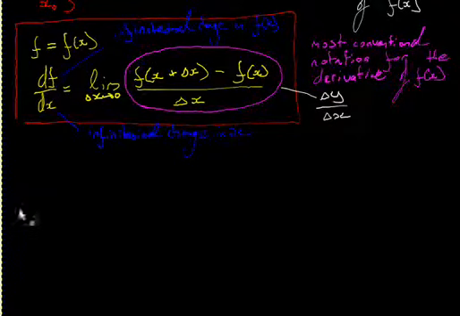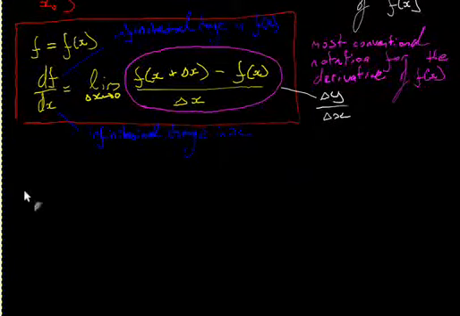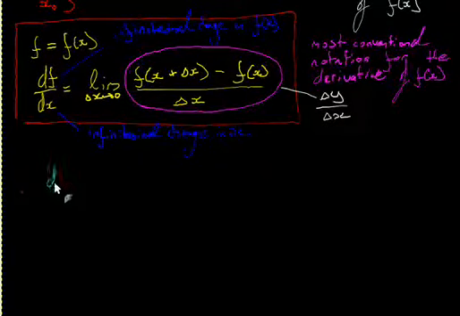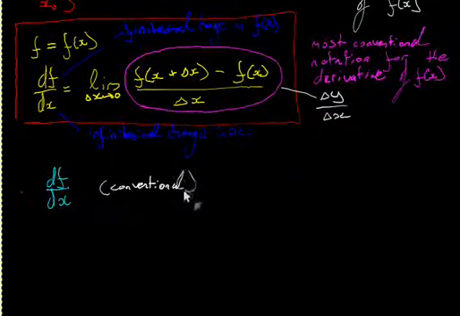Now, other notations that are frequently used are to think of this as an operator that has operated on f to give us the gradient function. So we'll list them all off. We'll start with the notation we said here, df by dx. We'll put a little note next to that: conventional.